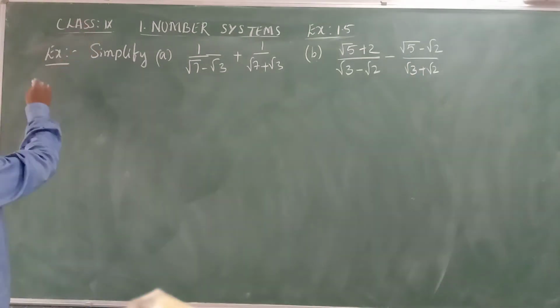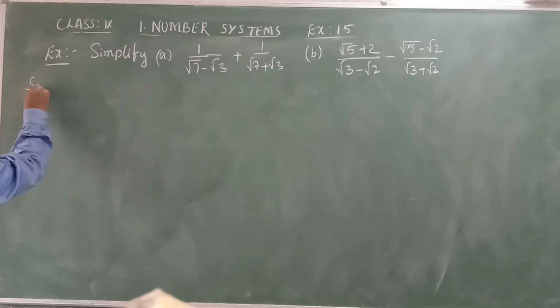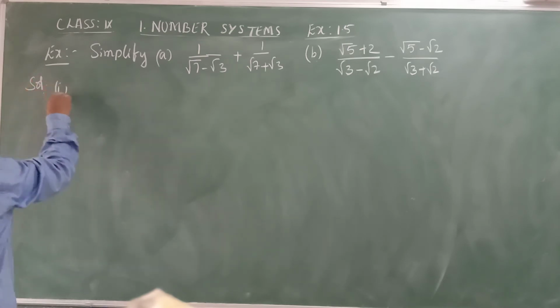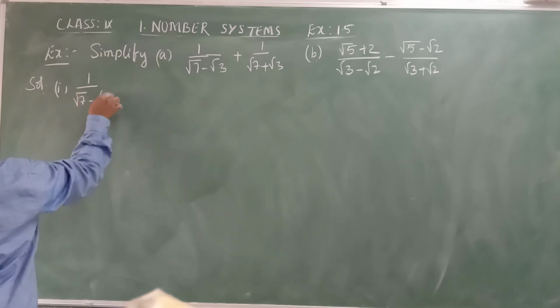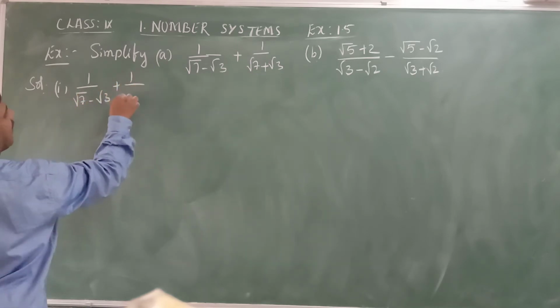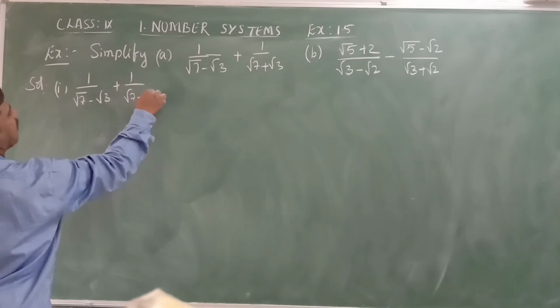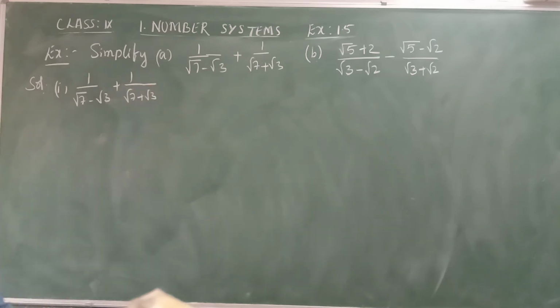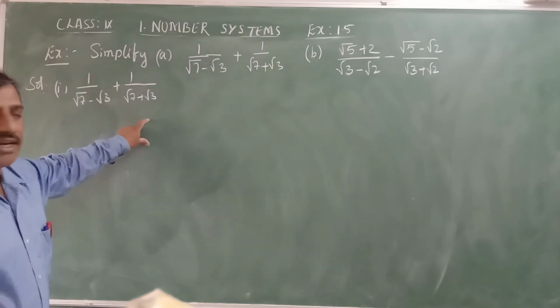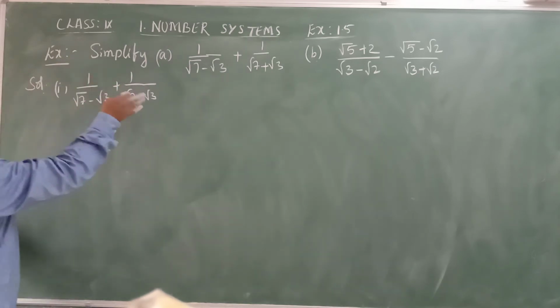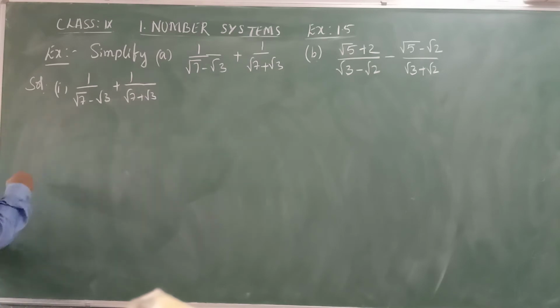Here two terms are there. How to simplify them? Simplify them individually. Rationalize the denominators individually in each term. Then simplify.